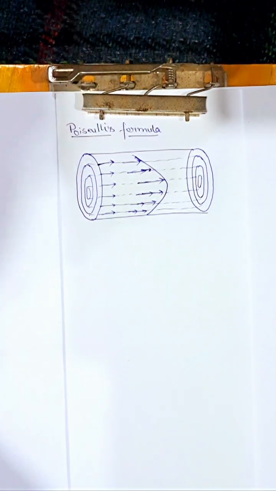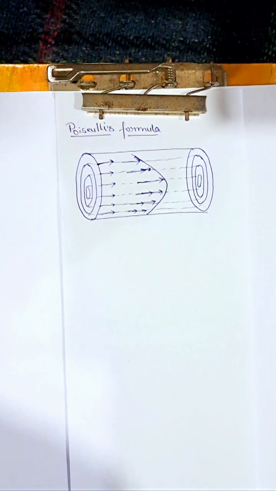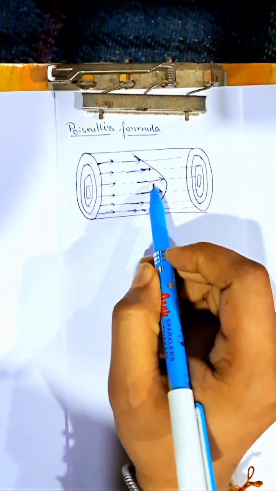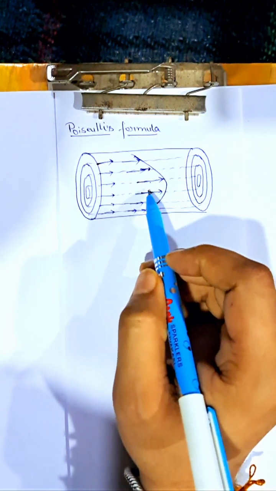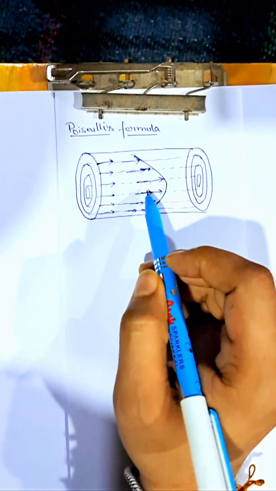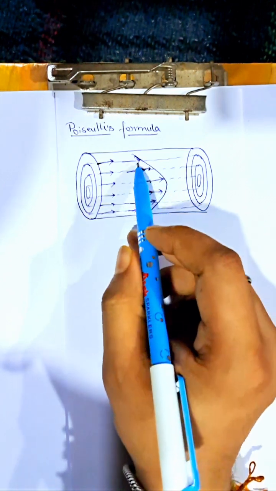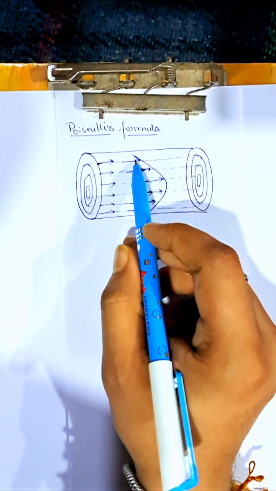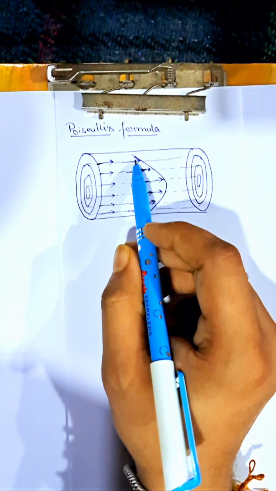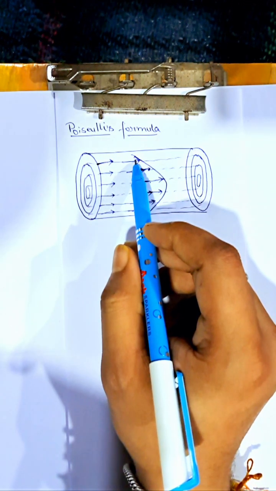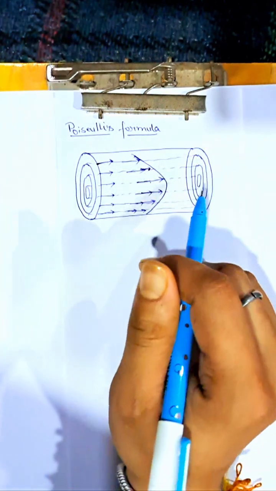This type of curvature is obtained just because of the viscosity, because viscosity lets the layer along the center of the tube move faster, and as we go towards the wall of the tube, the viscosity will not let the fluid flow very smoothly.